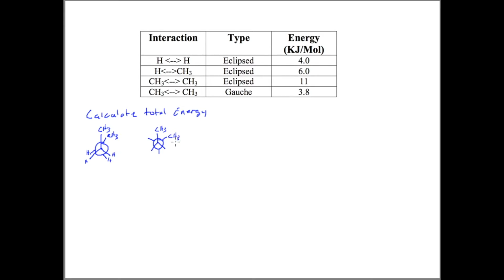And now I have my gauche conformer, where I still have these two CH3s, even though they're farther apart from the eclipsed version, but they're still close enough to interact. So there is some level of energy there.